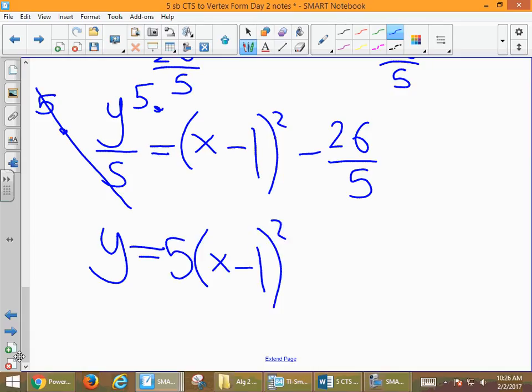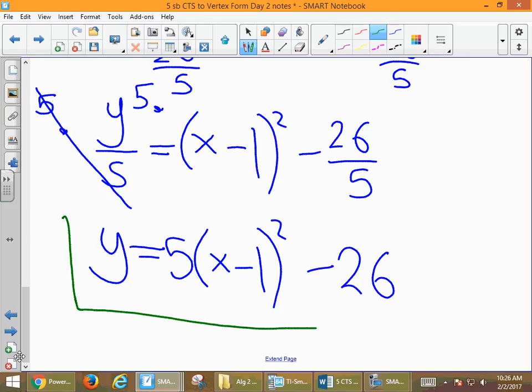But we have to remember everything on our right side has to be multiplied by 5. So we also have 5 times negative 26 over 5. And because it's already being divided by 5 and we're multiplying it by 5, those also will cancel out, and we'll be left with negative 26. So now we have our vertex form of our equation once again.